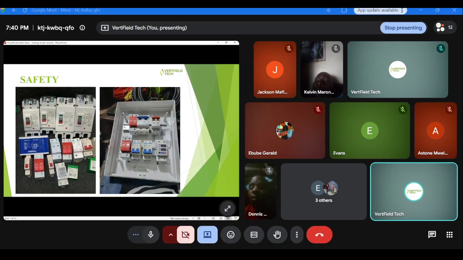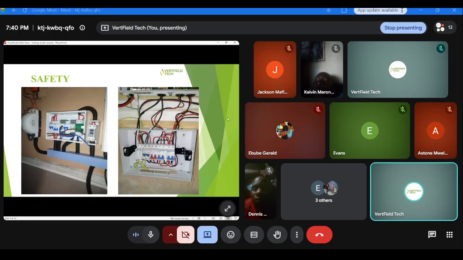You have the AC breaker, you have the DC breaker. Can you identify the two different types of components? On no account should you use an AC breaker on the side of your DC solar system. That is one of the rules you must follow.